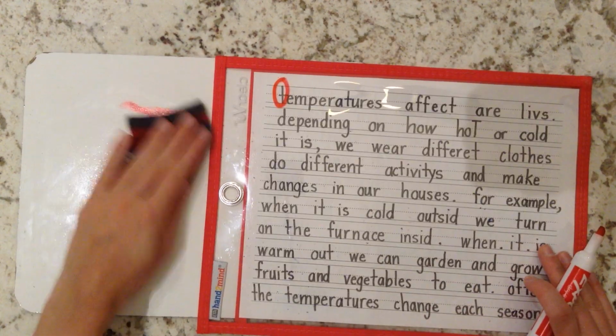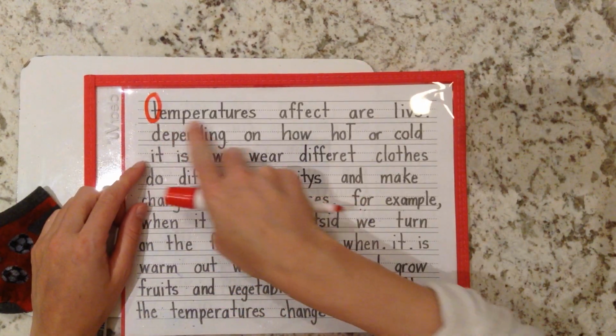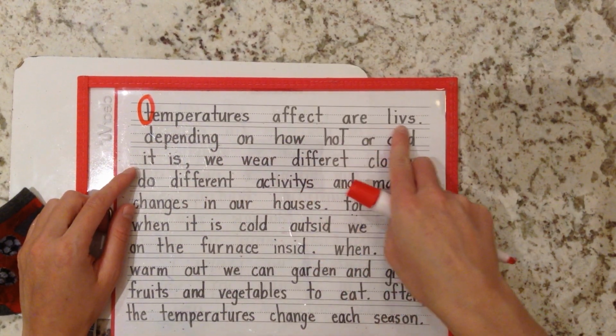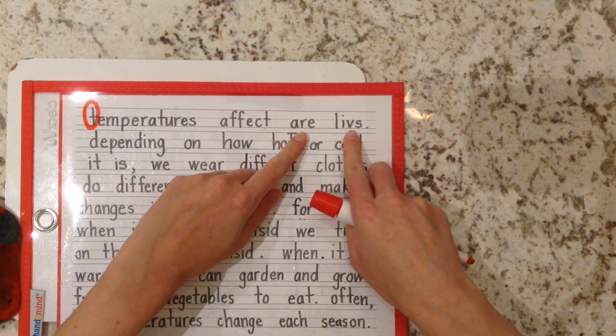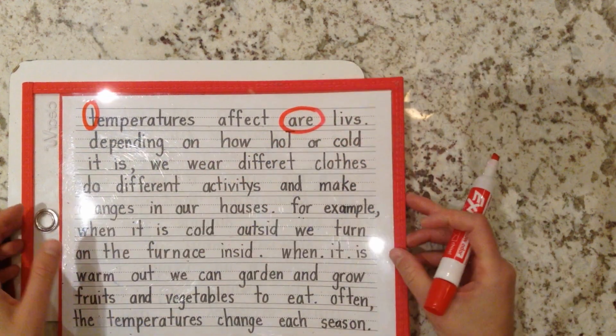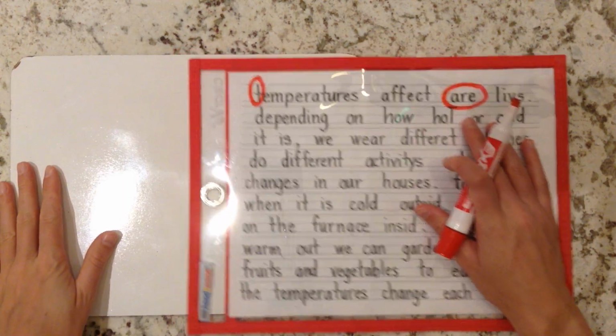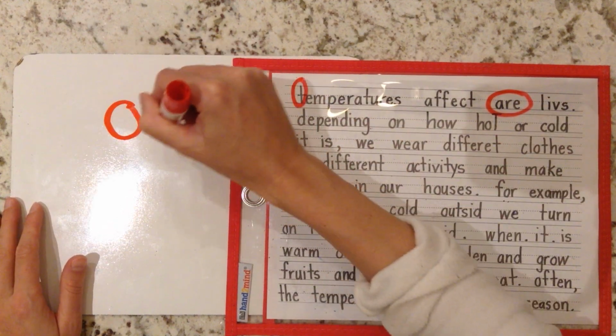Other than that, the word temperatures looks just fine. Temperatures affect our lives. There's 2 more problems in this sentence to be aware of. The first is with the word are. You see, this are sounds an awful lot like another word, are.